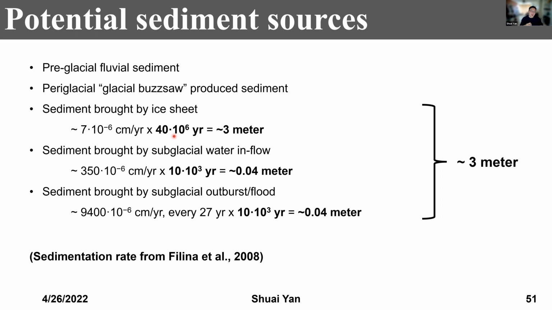So unless the sedimentation rate here at Lake Snow Eagle is 30 or 50 times higher than Lake Vostok, which is not very possible, a major portion of those sediment column would be from periglacial sedimentation process.